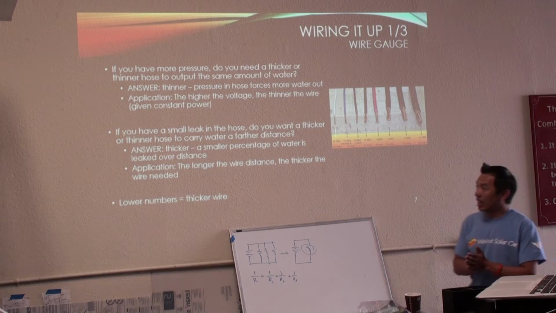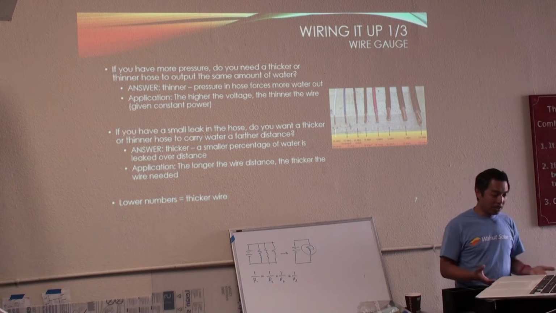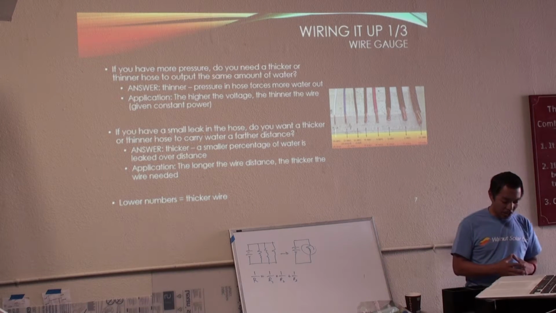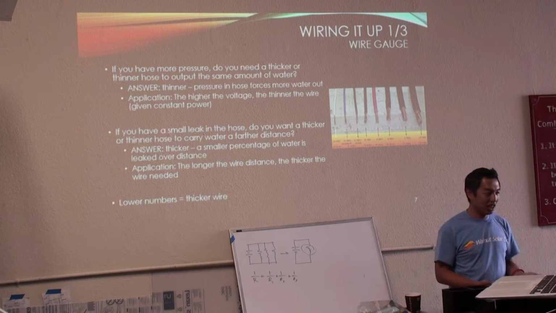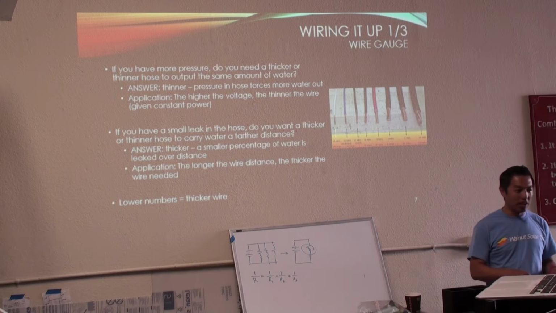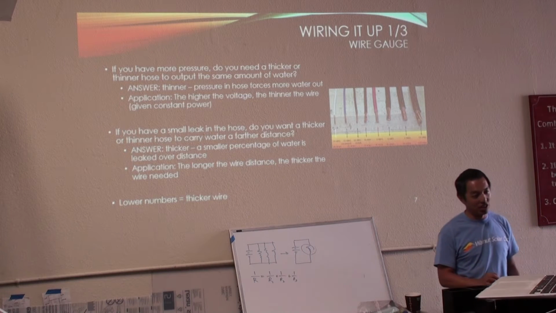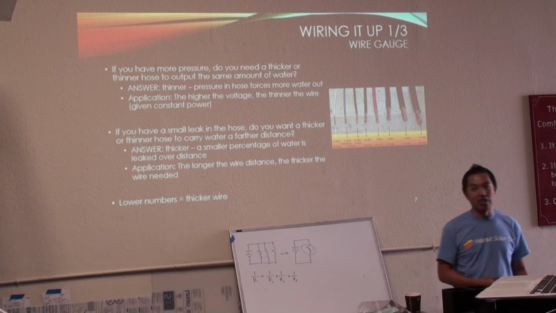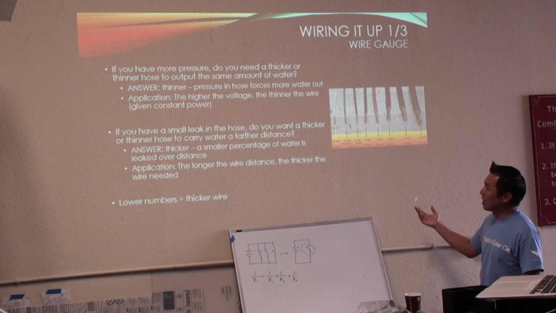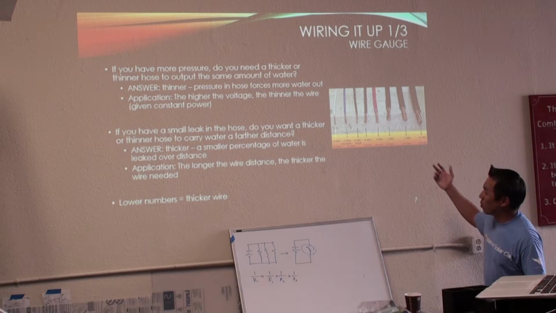So, wiring. In the whole analogy of water and water pressure, we say that a thicker hose or a thinner hose gives you better water flow or worse water flow. And that's exactly the same thing with wire.